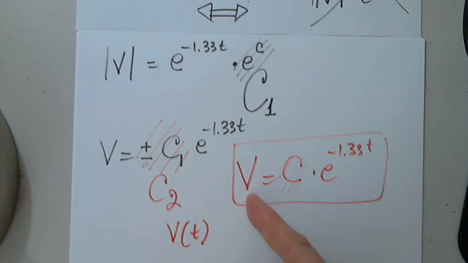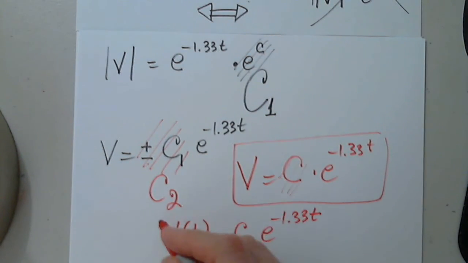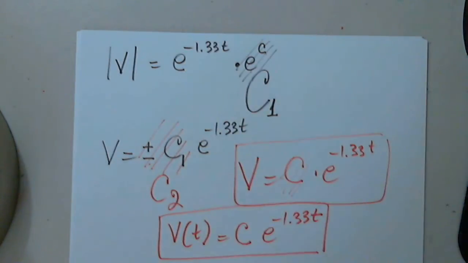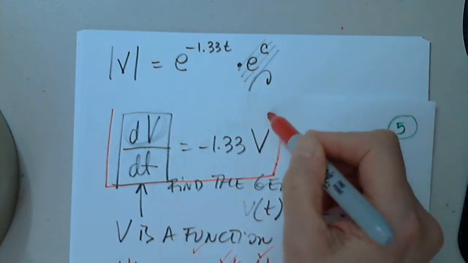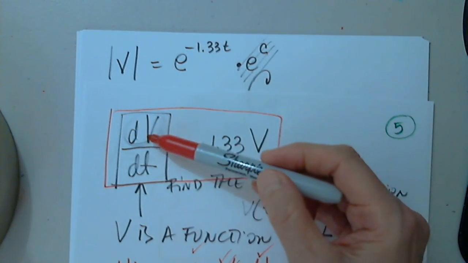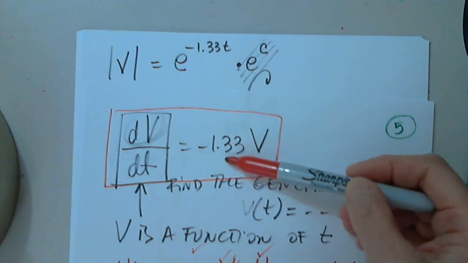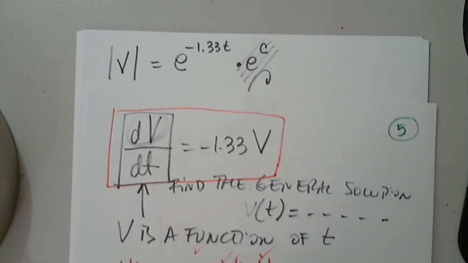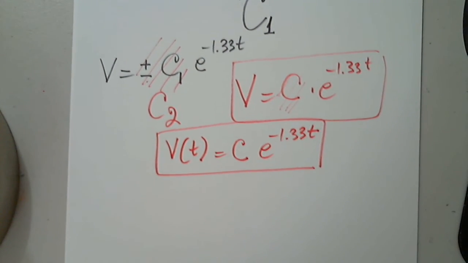This is the function, whatever e to negative 1.33t, that verifies the given differential equation. When you differentiate the function with respect to t, you will get dv over dt. Any questions?